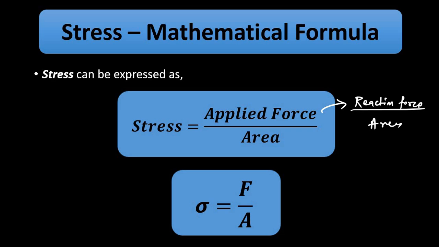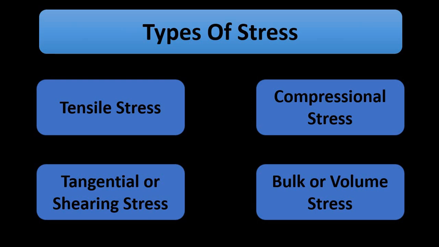There are different types of stress: tensile and compressional, which is longitudinal; bulk or volumetric stress, which is related to volume; and here we are interested in this one, the bending angle, sliding stress, which causes sliding of one face over the other. Similarly, strain can be categorized into different types.